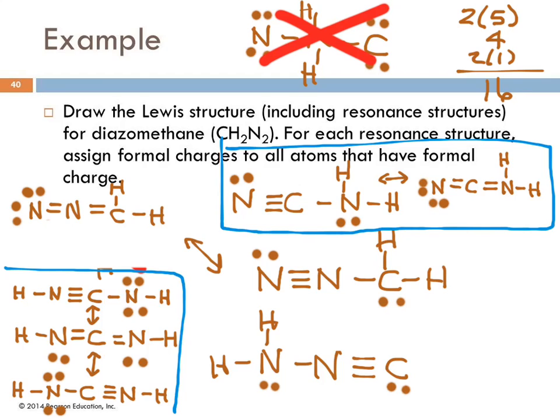Yeah, we could also, instead of a single and a triple, do 2 doubles, right? So we'll squeeze that in here somewhere. H, N, H, N, C. 2, 4, 6, 8, 10, 12, 14.